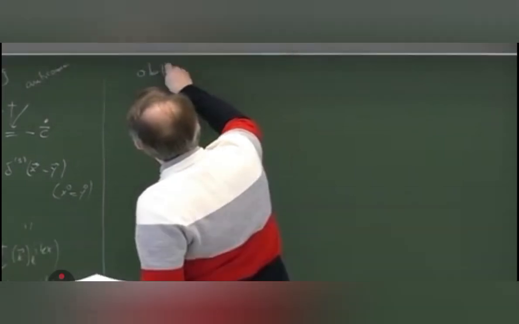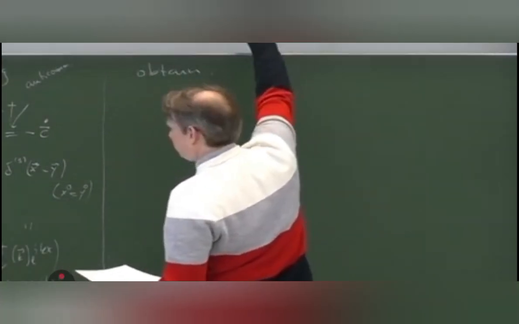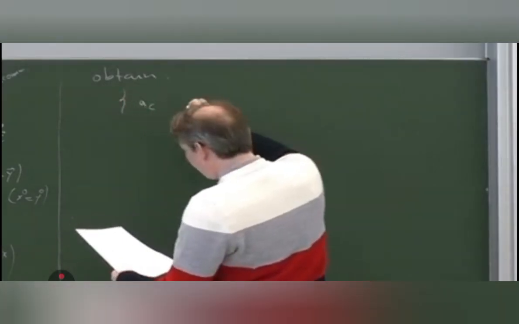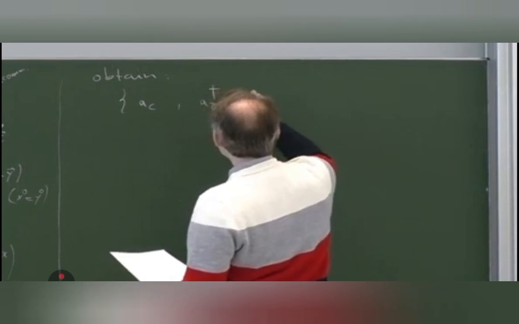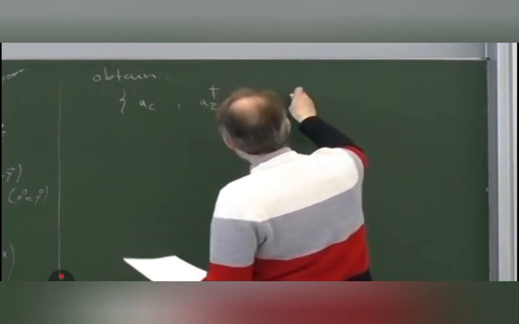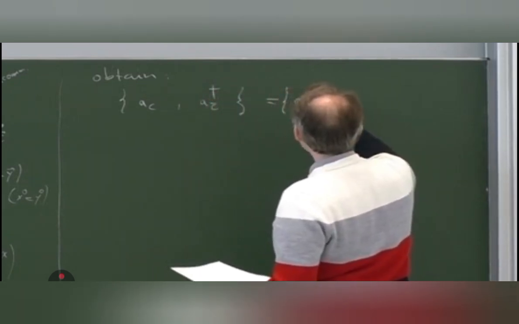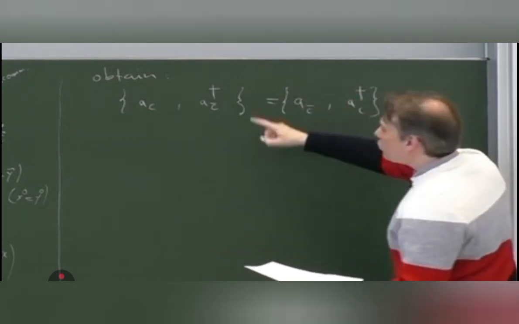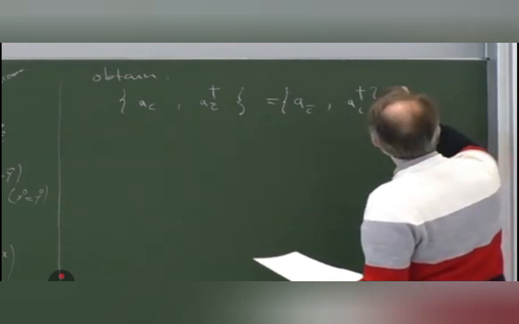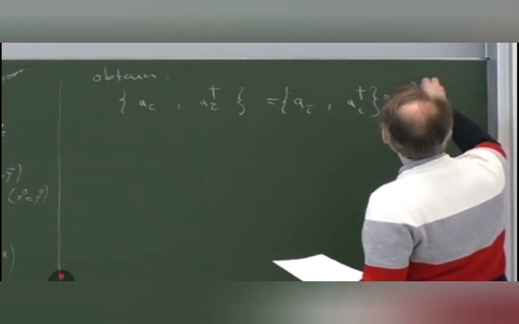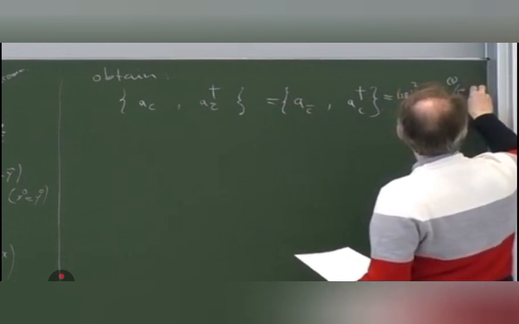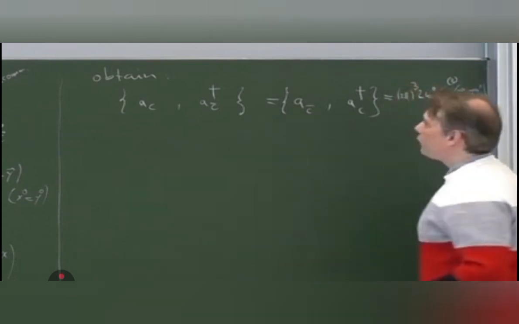We obtain the following, namely a sub c of k with a c bar dagger of k prime is the same as a c bar of k with a c dagger of k prime, and the result must be 2 pi cubed times 2k0 times a three-dimensional delta function of k minus k prime.